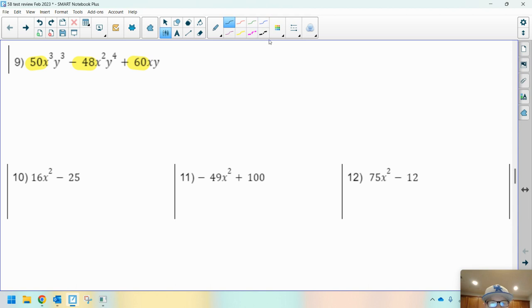There is a fancy way. If you have the fancy calculator, a TI-84, there is a way to find the GCF. You would do math, and you go across to number, NUM, and then you press the number 9.